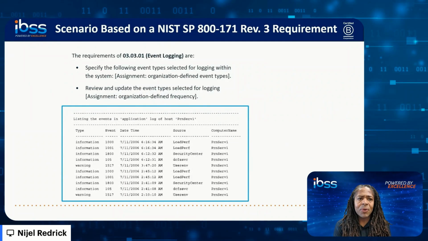Here we provided for you the requirements from 800-171 Rev 3 for event logging. Number one, the organization must specify the events that will be logged by the system. The second requirement is to review and update those events based on an organization-defined frequency.